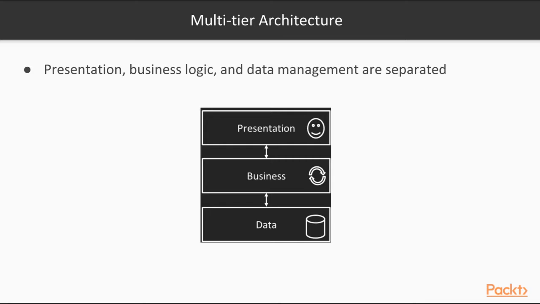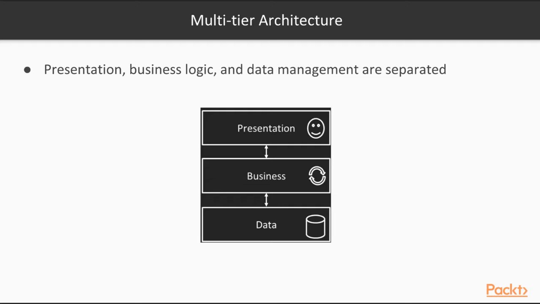Well, multi-tier architecture has been used with many different types of technology, and it still applies to serverless technology. The application is designed in different tiers or layers, and each layer is responsible for different things. Typically we have a presentation layer for displaying data to the user and allowing the user to interact with the application.